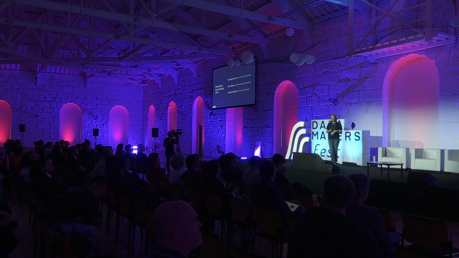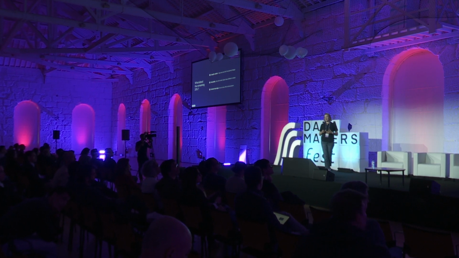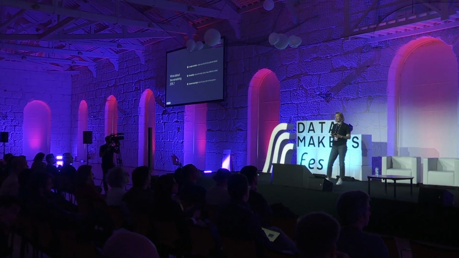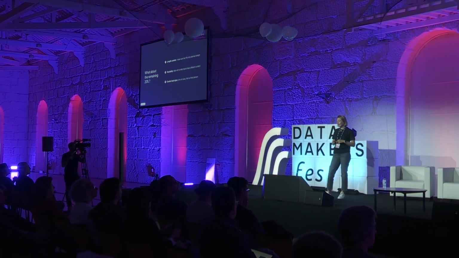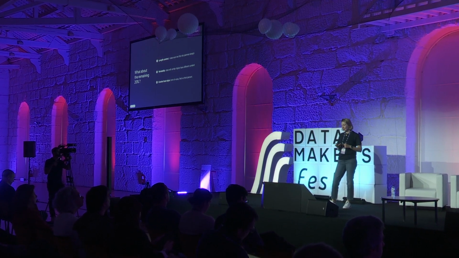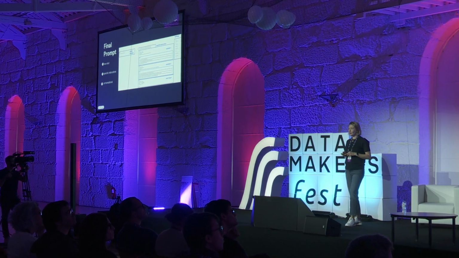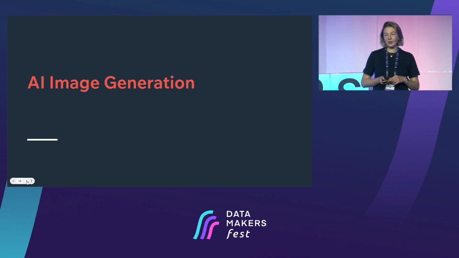When we are deploying these models at scale, we need to make sure that the websites are different, so we need to make sure that we have variability. And also we need to control tone of voice and style. So basically, the final prompt is a bit more difficult, but still it's ChatGPT, though with a few control things like few-shot examples, specific instructions, and making it conversational.